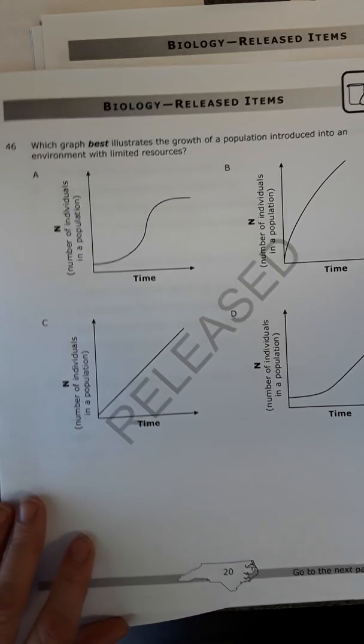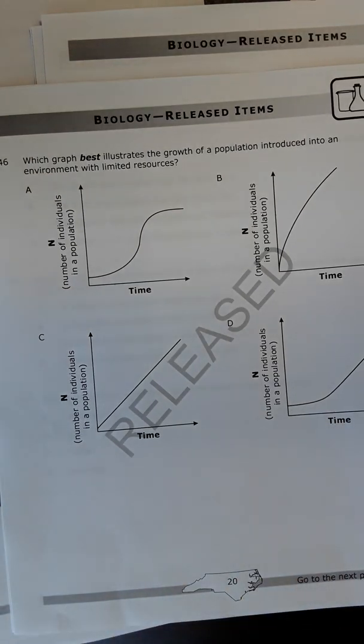Here are the charts. I told you to know these charts. Your charts show what is the best illustration for growth of a population introduced into an environment with limited resources. So you're maxed out on your carrying capacity. Your natural resources, the limiting resources, are going to be your food, water, shelter, mating, anything like that.